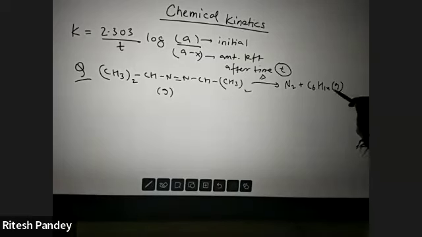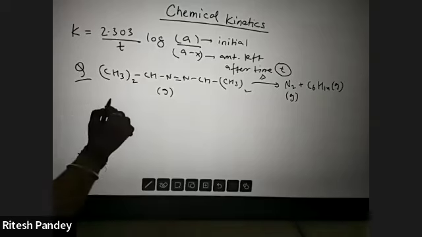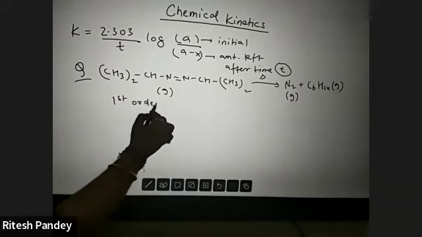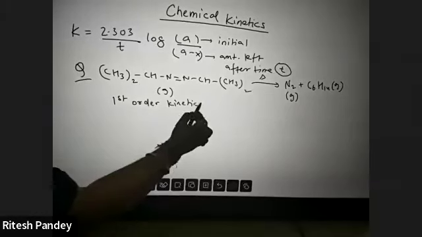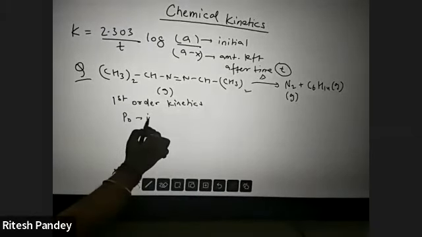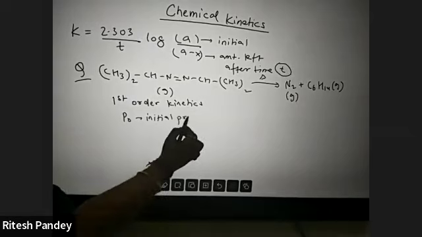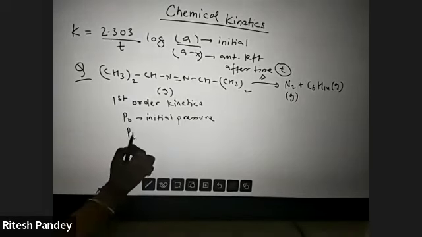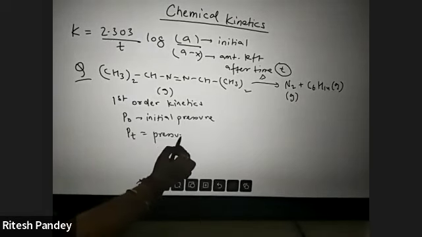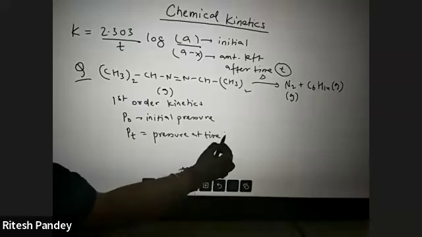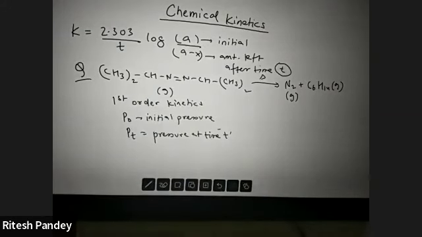Suppose this is a problem given to you, and the values given are initial pressure and pressure at time t. So if it's first order kinetics, with P naught as initial pressure and PT as pressure at time t, you have to find K in terms of T, P naught and PT.